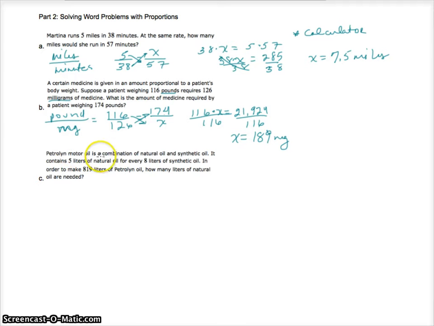Petrolin motor oil is a combination of natural oil and synthetic oil. It contains 5 liters of natural oil for every 8 of synthetic. In order to make 819 liters of petrolin oil, how many liters of natural oil are needed? So here I'm looking at petrolin versus natural.